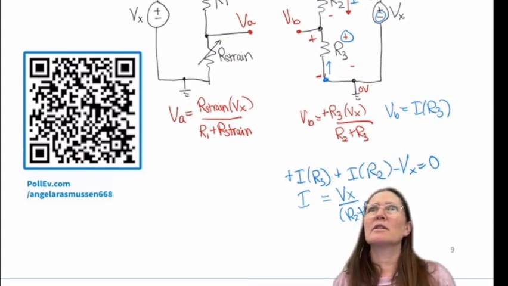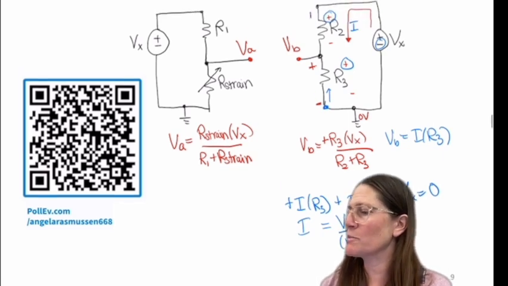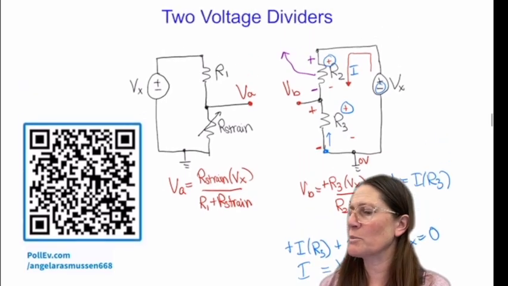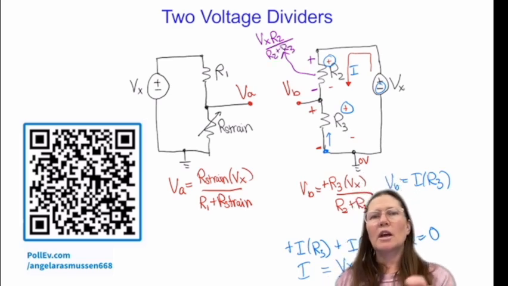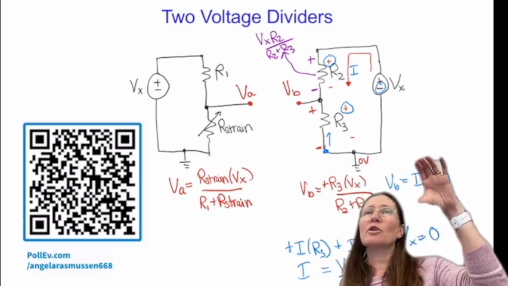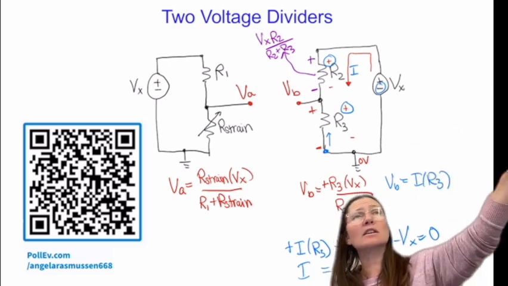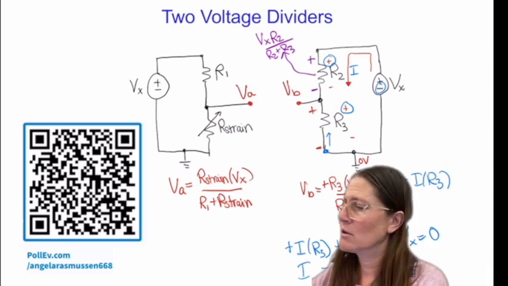Why is it R3 instead of R2? So R2 is only going to be the voltage between here and here. So if I just wrote this, it would be Vx R2 over R2 plus R3. And if that's the voltage there, it's only across R2. So in order to find VB, it would be Vx minus that to get VB.